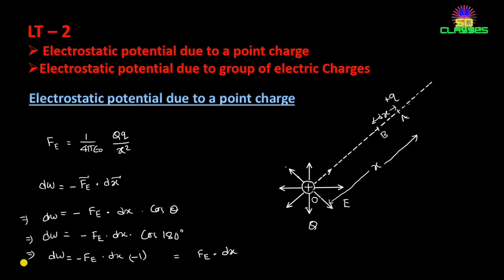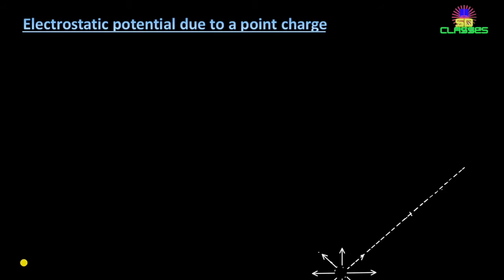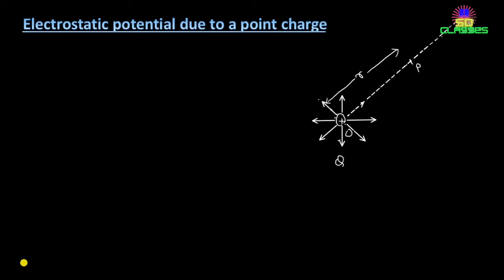Now you want to find out the electrostatic potential at a point, suppose P here. Here you want to find out the potential, and you are bringing a plus q charge from infinity to that point.